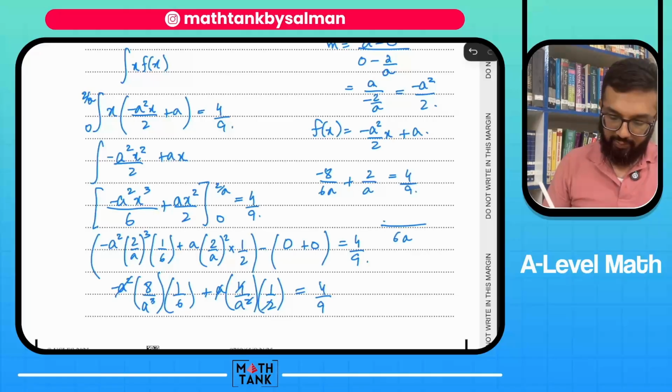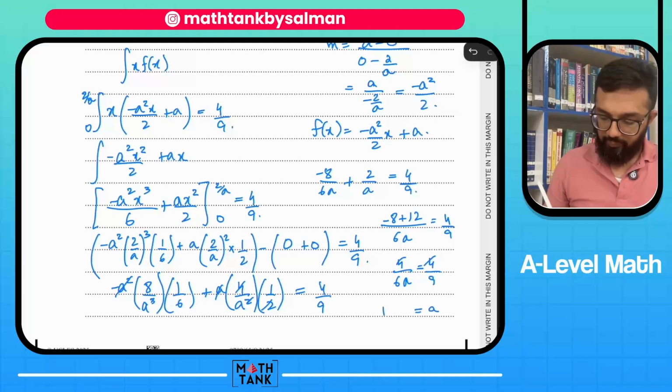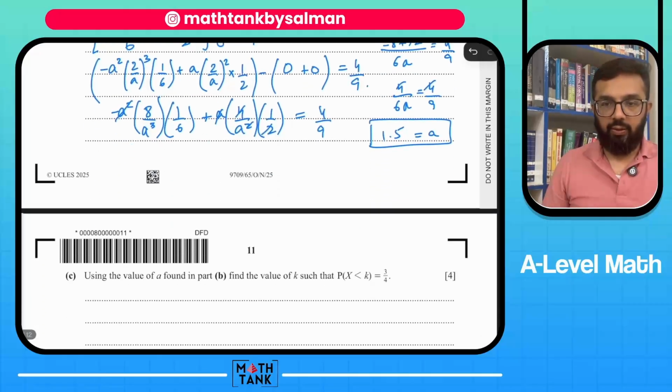So that's 6A minus 8 plus 12 equals 4 over 9. Yep, that is the correct answer.